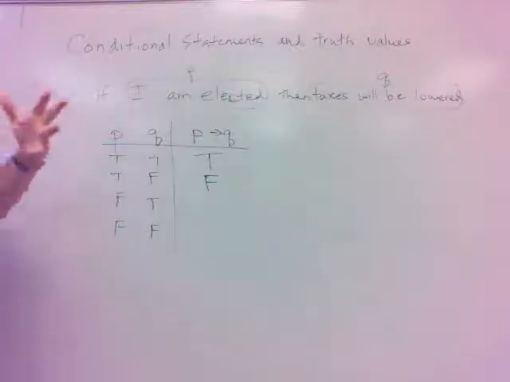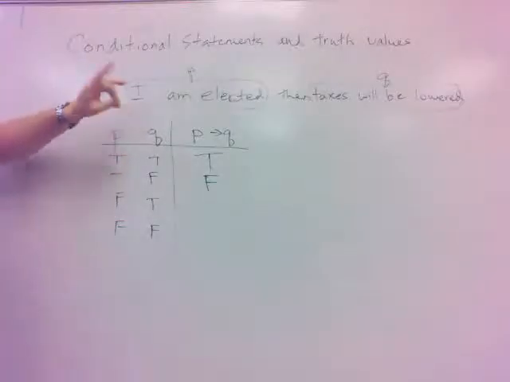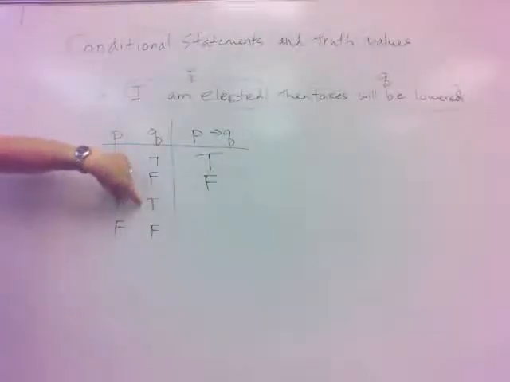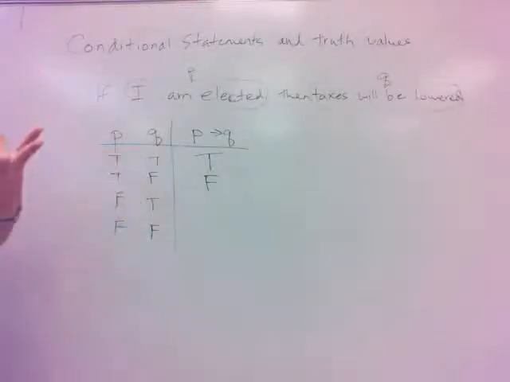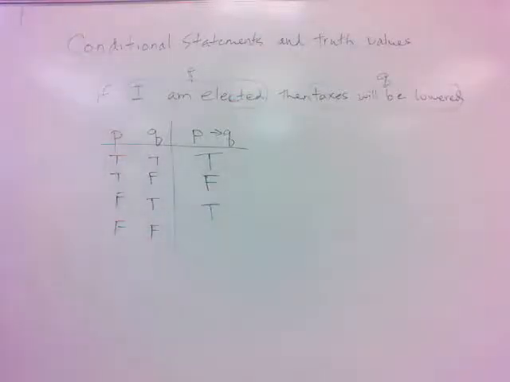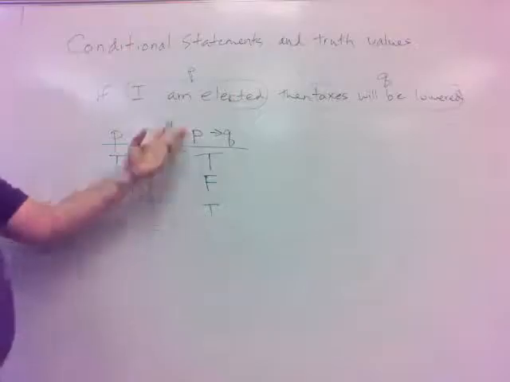If I'm elected, then taxes will be lowered. I'm elected is false, so they weren't elected. But it was still true, taxes will be lowered. No, the politician didn't lie there, did they? They never were elected. And we do give them the benefit of the doubt, okay? It wasn't because they were elected, but we can't say that the politician lied, can we? Because they weren't elected, you see.